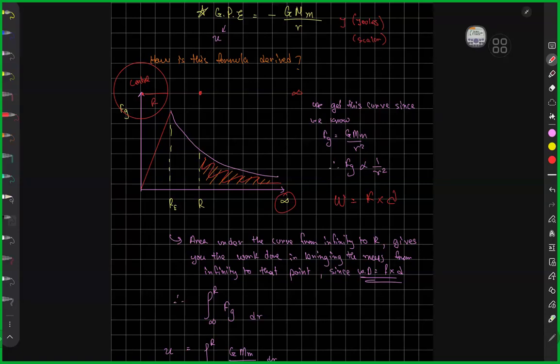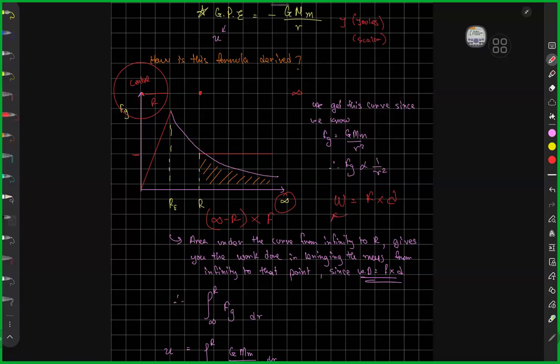If this was just a rectangle over here, the area under the line would have been infinity minus r times whatever the force is. So distance times force, force times distance.